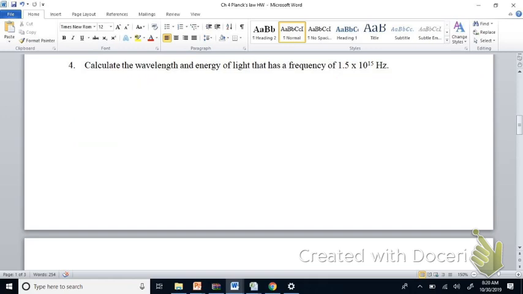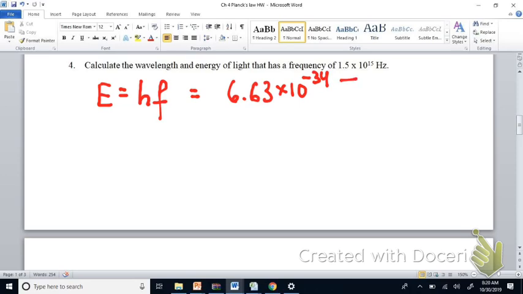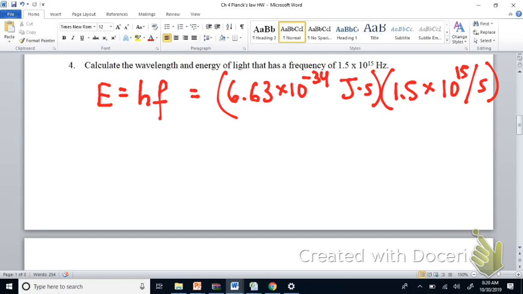And for the second part, we know energy is equal to HF, or hc over lambda. I just prefer to do 2 steps rather than 3. So that's 6.63 times 10 to the minus 34 joules times seconds times 1.5 times 10 to the 15 inverse seconds.